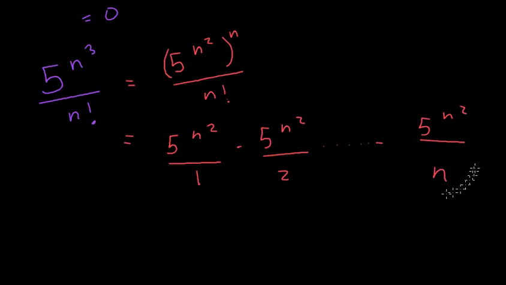Tell me whether this number is greater than 1 or less than 1. Look at the numerator, 5 to the n squared, and the denominator, n. So this tends to infinity. Every term tends to infinity here. Since all the terms tend to infinity and we're multiplying all of them, this limit as a whole tends to infinity.